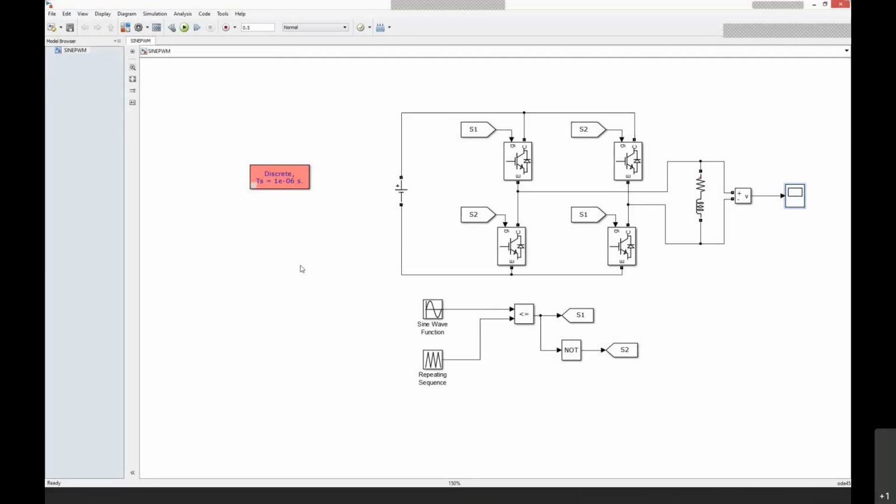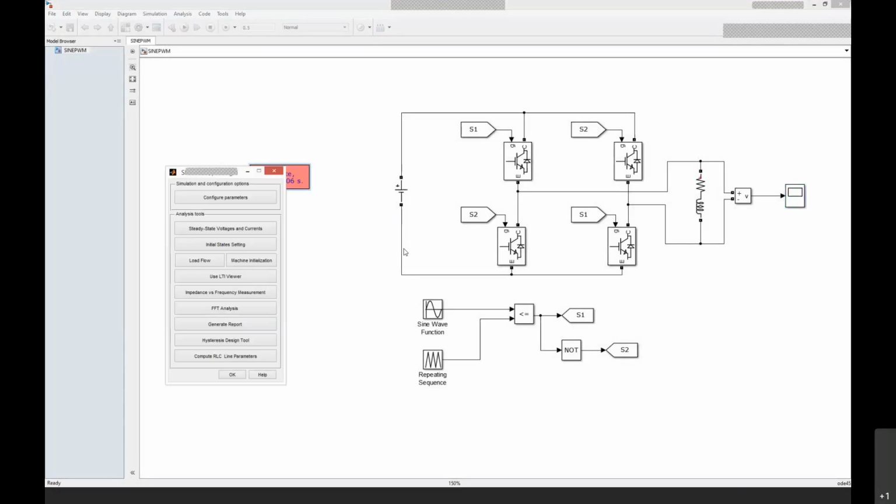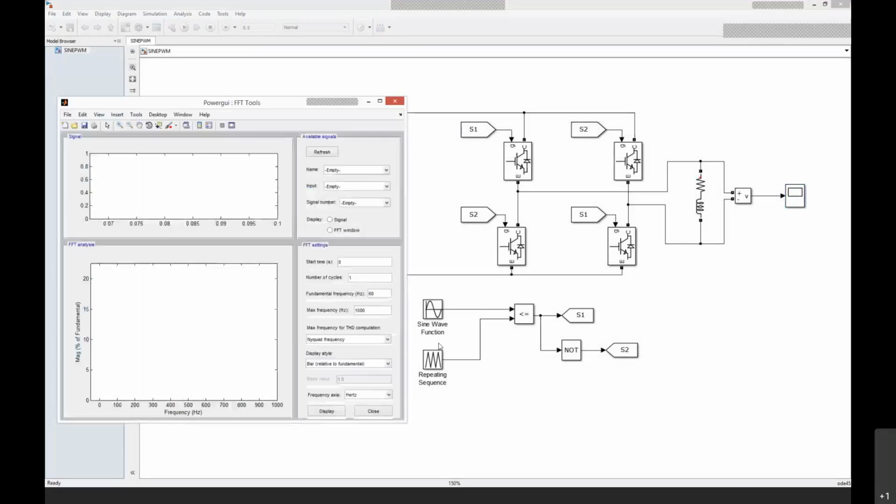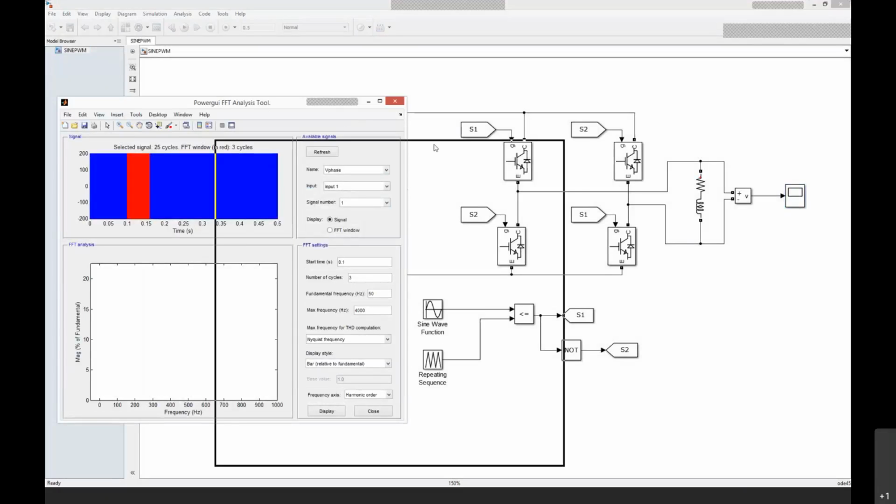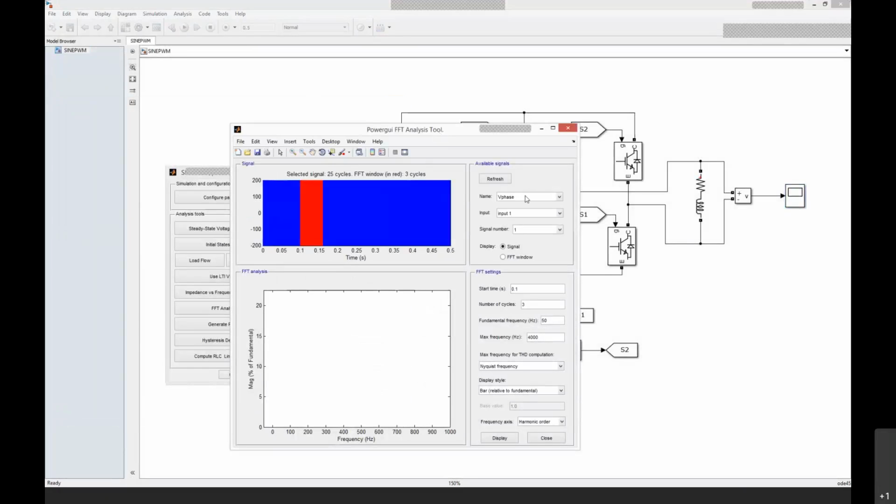Once this is done, we go to this power GUI and the FFT analysis block. In this FFT analysis block, on the right hand side, we need to choose this V phase.